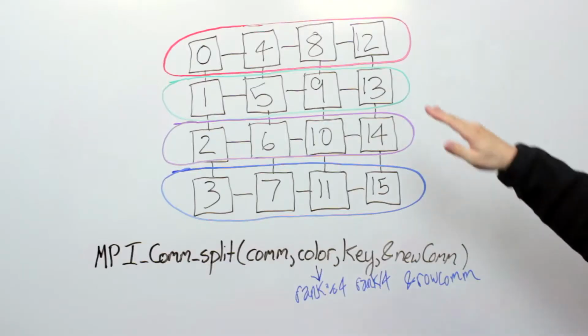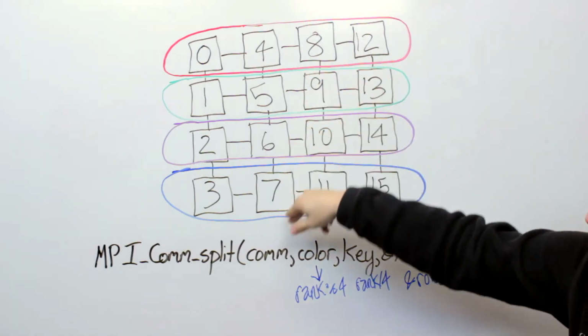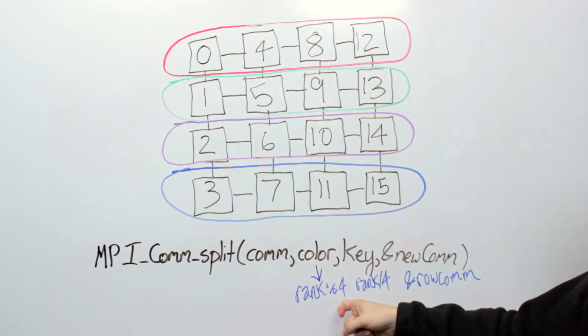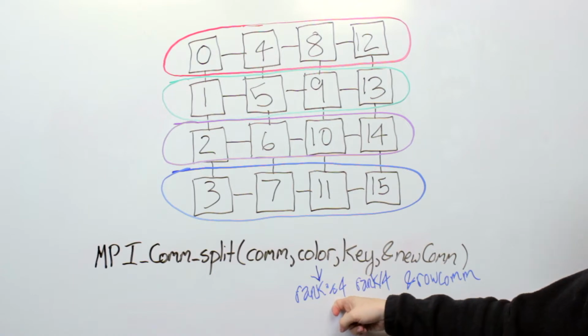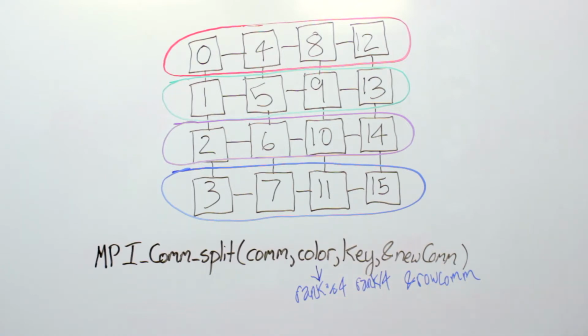So each row of processes in this case would be in the same communicator. And likewise, if we wanted to construct different communicators for each column of processes, then we would simply switch the modulus operator with the integer division. And then we can construct column communicators.